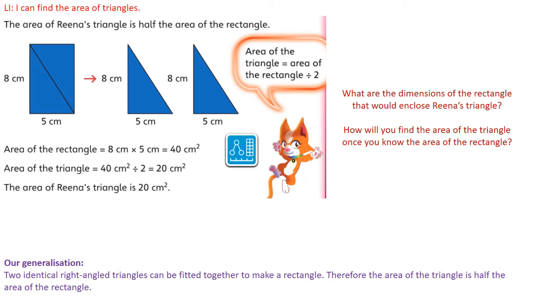Now, as you can see here, our rectangle can be split into two equal triangles. So all I need to do then is divide my 40 centimetres squared, my area of my rectangle, by 2, which is 20 centimetres squared. And I do that because the right-angled triangle is half the size of the rectangle.